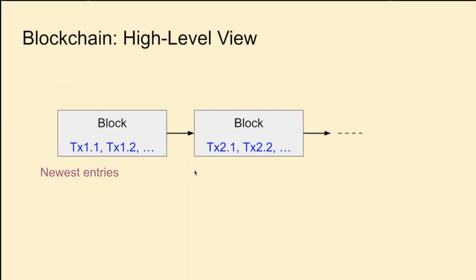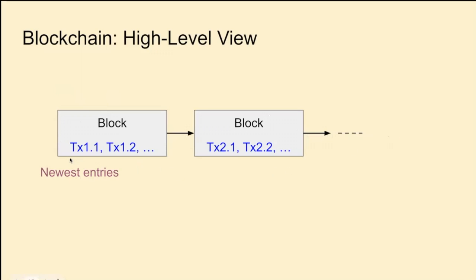As the name suggests, it is a series of blocks of data. The blocks are linked together in historical order. So the first block in the chain contains the most recent information. It gives you access to the second block, which contains slightly older information and gives you access to a third block, and so forth.